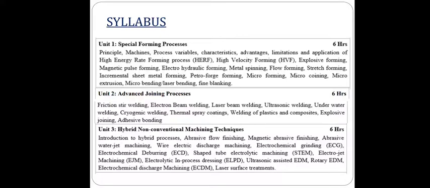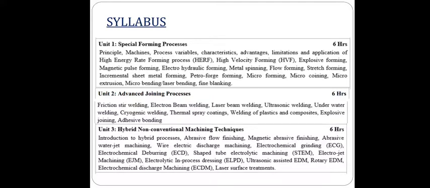Now unit second content is advanced joining processes, which consists of friction stir welding, electron beam welding, laser beam welding, ultrasonic welding, underwater welding, cryogenic welding, thermal spray coating, welding of plastic and composite, explosive joining and adhesive bonding. So this is all about the advanced joining processes.